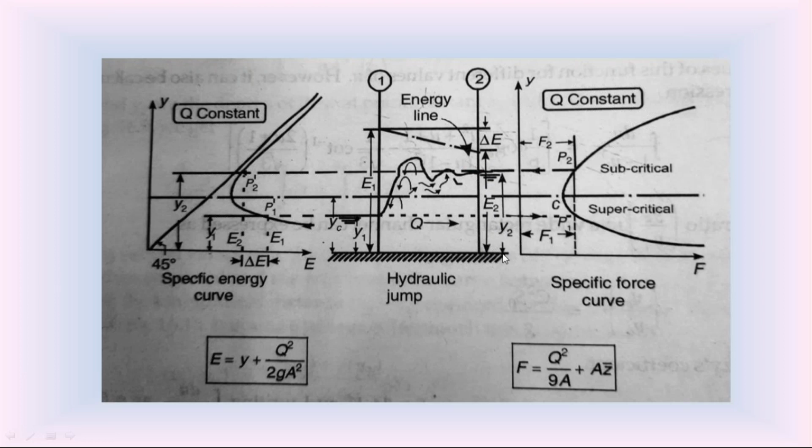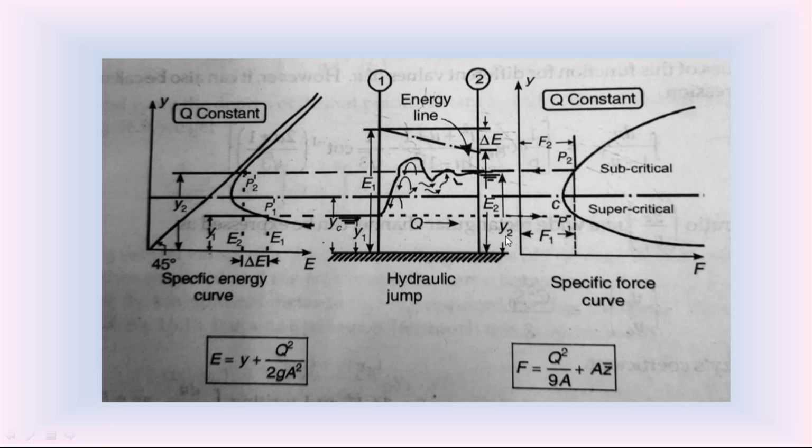But we know that in this hydraulic jump, the specific force at section 1, F1 at depth y1, is equal to the specific force at section 2, F2, that is at depth y2.